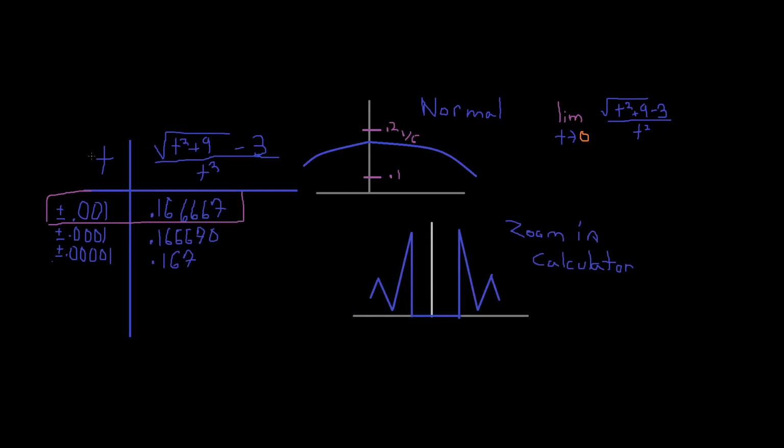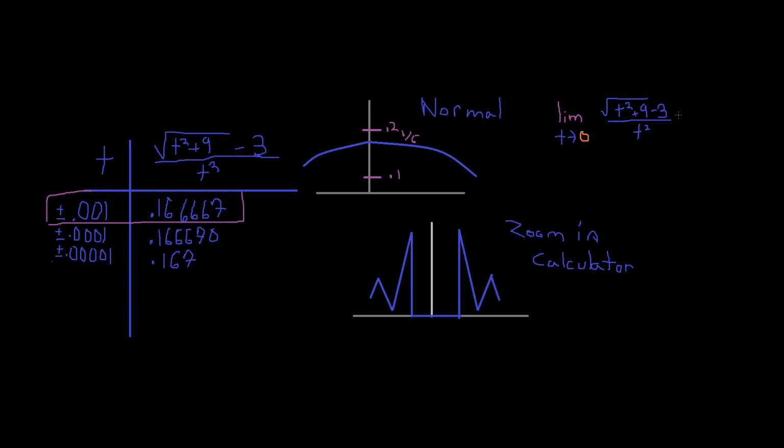So I plugged in some numbers into our function, and it appears that the number's approaching 0.1667, and so what's happening is it forms a fraction, 1 over 6. That's how it looks on our graph.